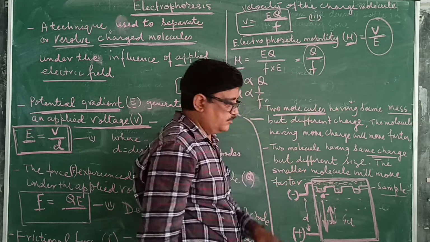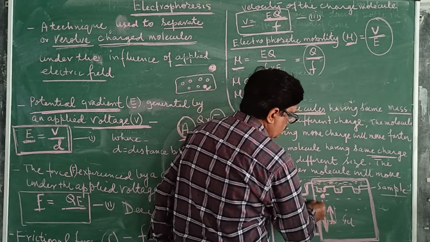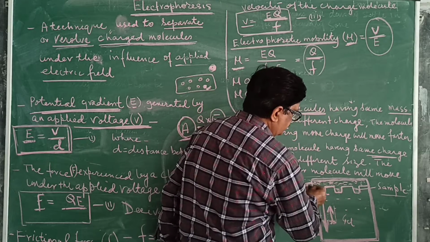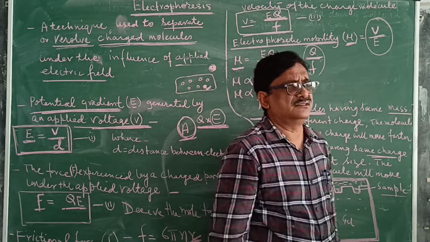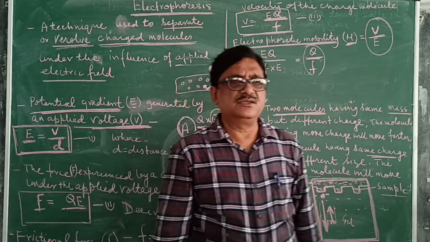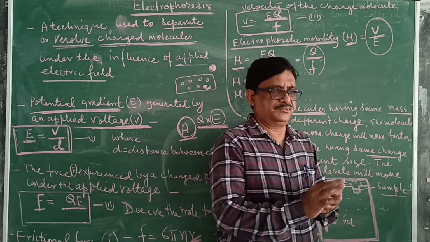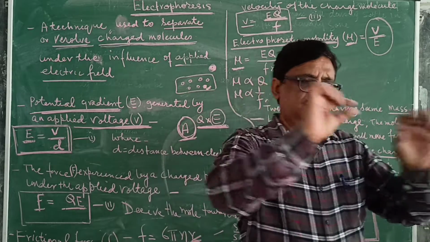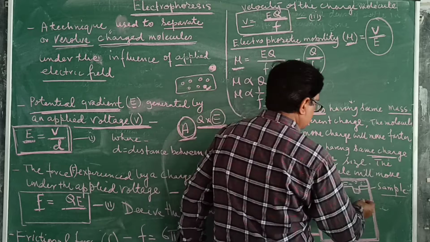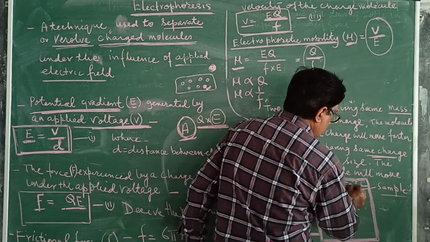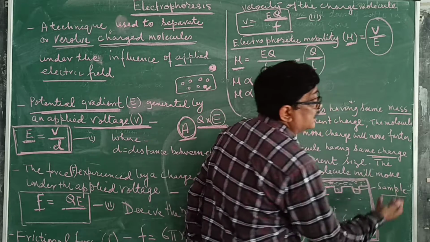In the same diagram, this portion is a slab made of gel. Generally two types of gel are used, either agarose gel or polyacrylamide gel. It is a slab, a thick plate of gel of certain thickness. We will discuss that later. Okay, so this slab has certain depressions called wells.